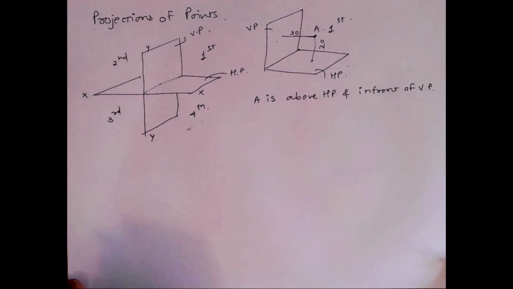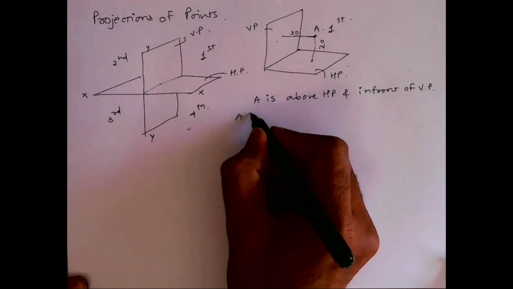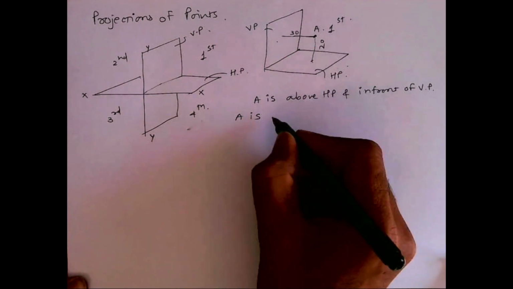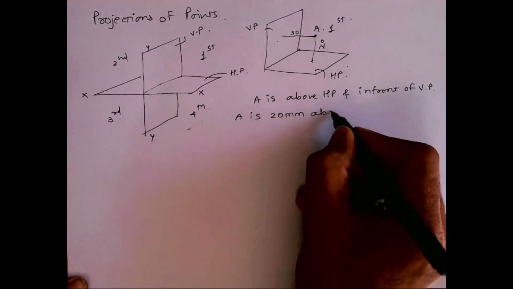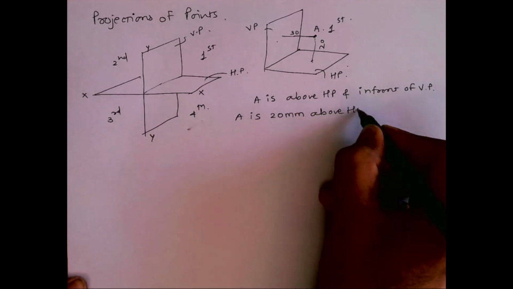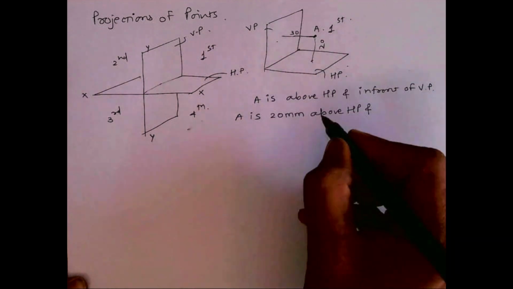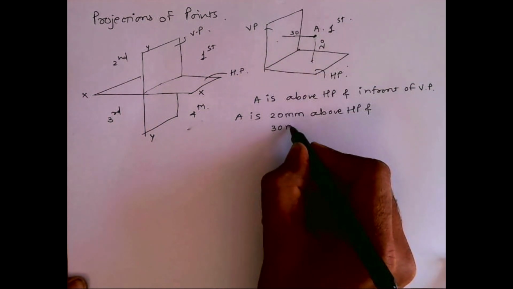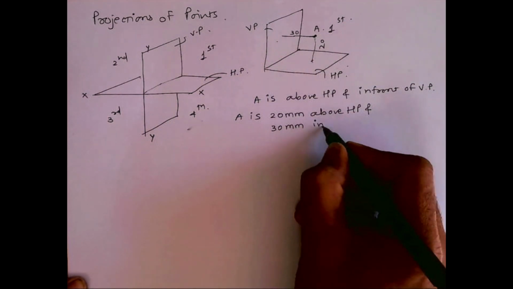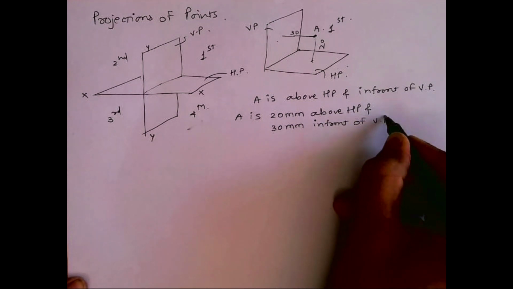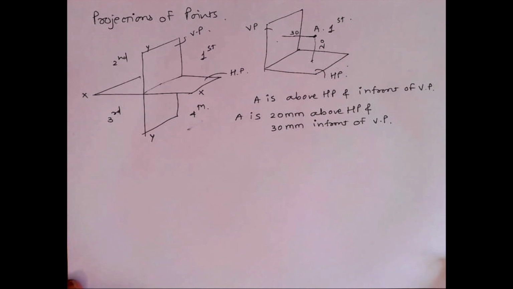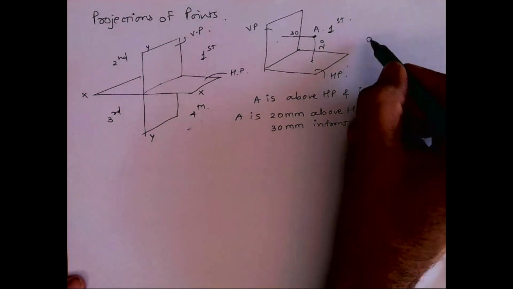So can I write A is 20 mm above HP and 30 mm in front of VP? So A is 20 mm above HP and 30 mm in front of VP.